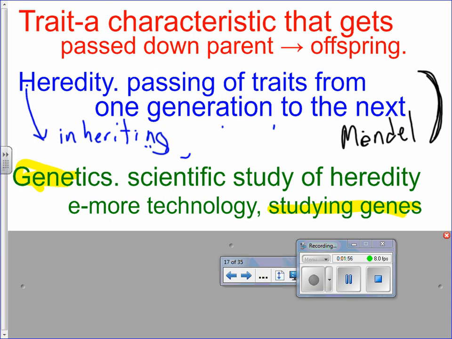So when they say that Mendel is the father of modern genetics, he was just looking at traits and counting how many showed up. He didn't know about genes, so he's the father of modern genetics, but technically he wasn't exactly studying genetics in the way we do now. So kind of a fine difference, but genetics with the word gene, studying genes in a more high-tech way. Heredity, studying inheritance. Make sense?